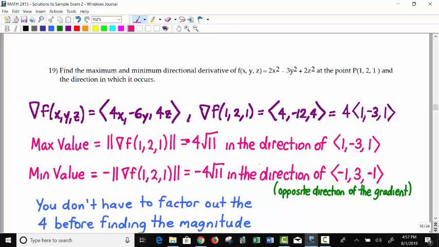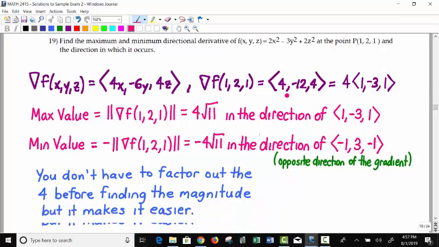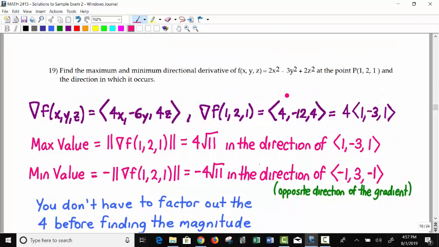So let's see what we got here. Here's our function. Let's get the gradient. Technically we're not even finding the directional derivative. This will always be true: the maximum and minimum at a point will always be determined by the gradient. That'll be the maximum and minimum directional values.